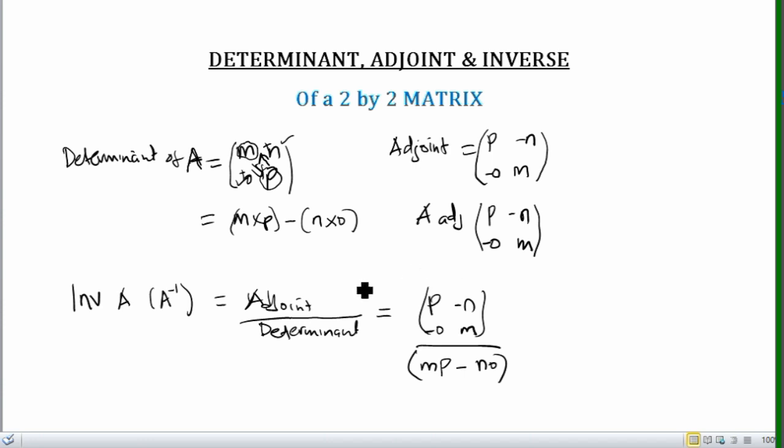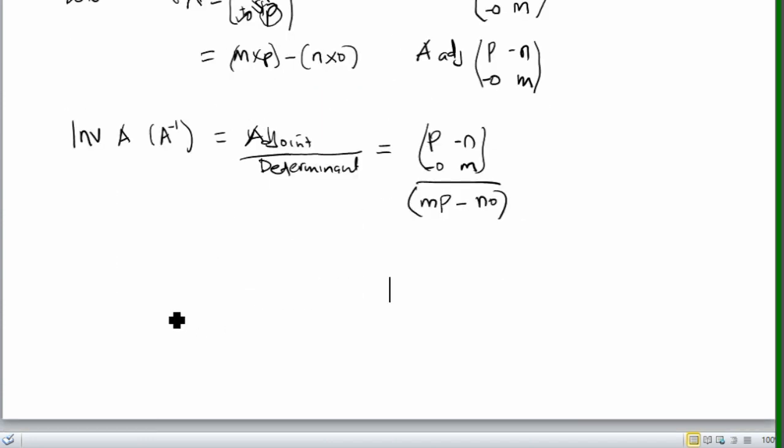Now, let me take an example. Given matrix A is 1, 1, 2, 3. No, this one here is negative 1.